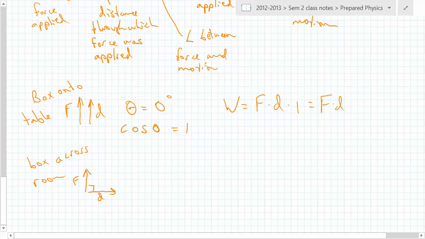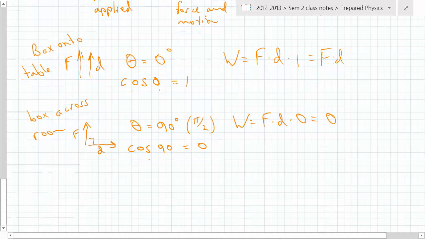And so the angle there, we have a right angle, so theta is 90 degrees, or pi over 2 for the purists. And the cosine of 90, or pi over 2, is 0. So we have work equals force times distance times 0, which is 0, which means Zayden did no work in moving the box across the room.